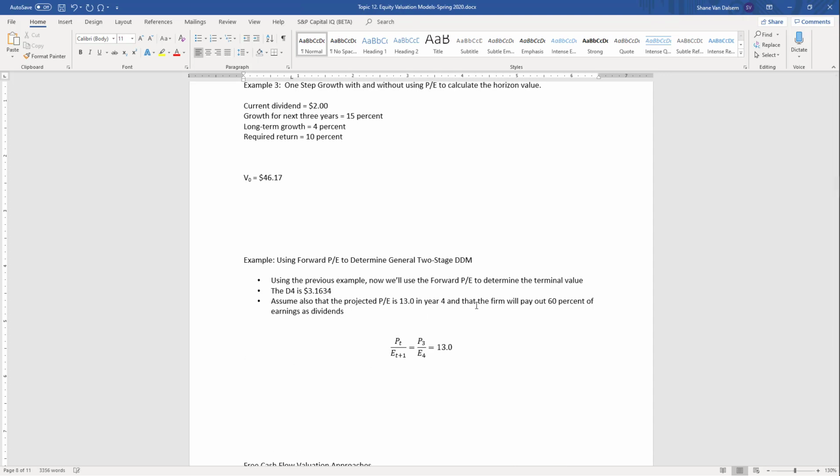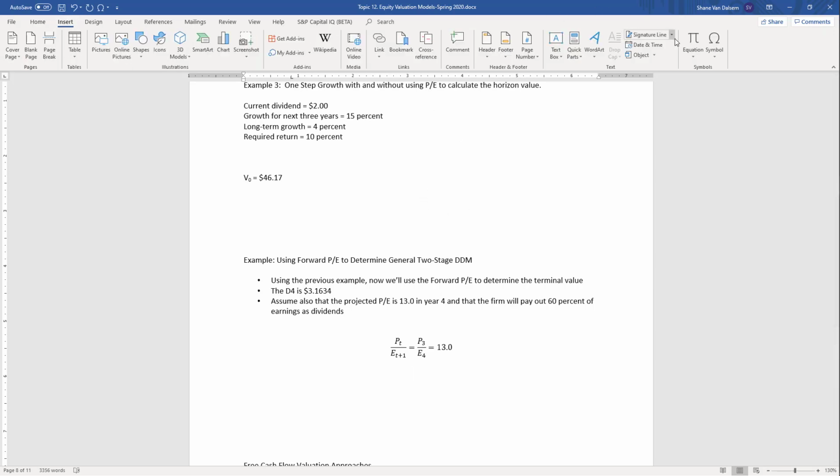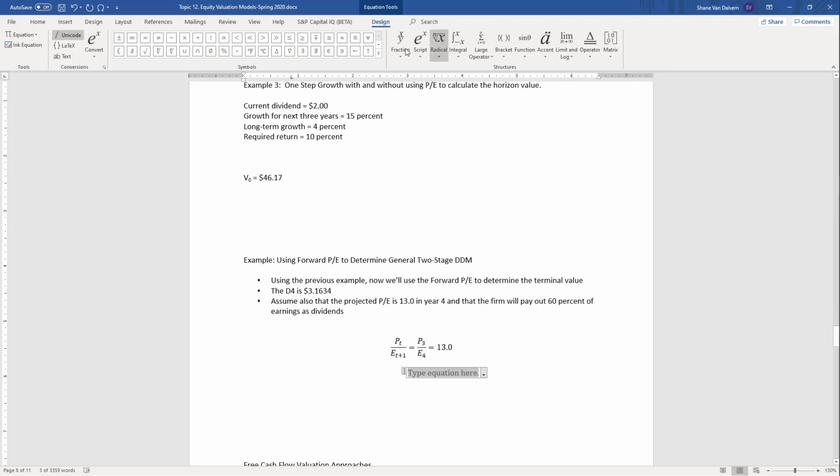Now we want to find the earnings at time 4, and we have a payout ratio of 60%. They're paying out 60% of earnings as dividends, so I'm going to also put that in here. So dividends per share divided by earnings per share is equal to 0.6.